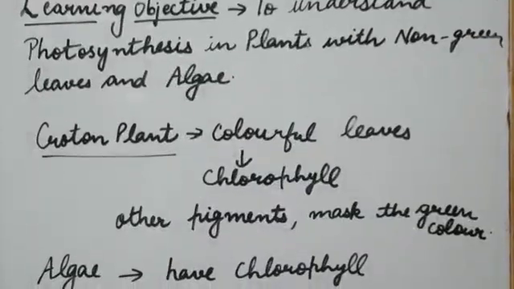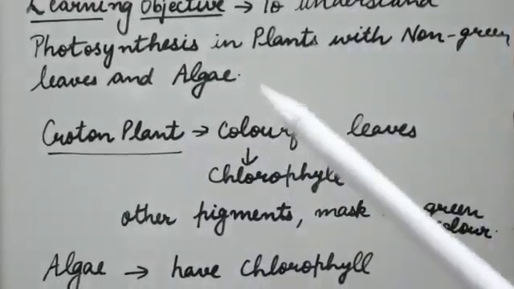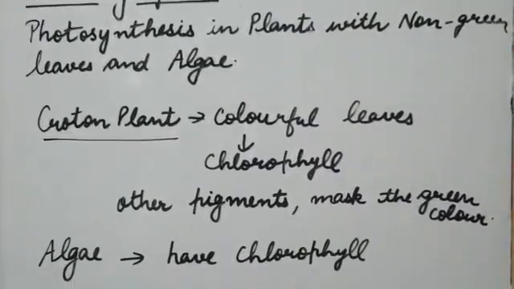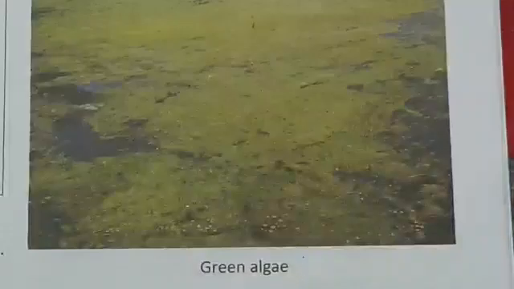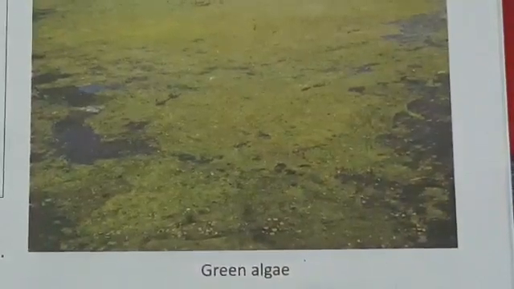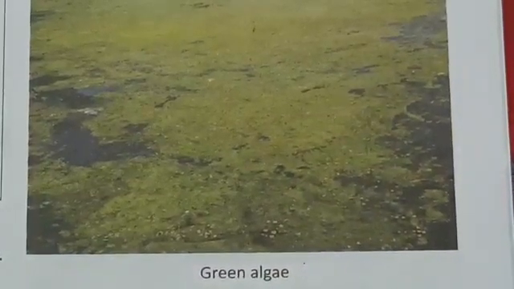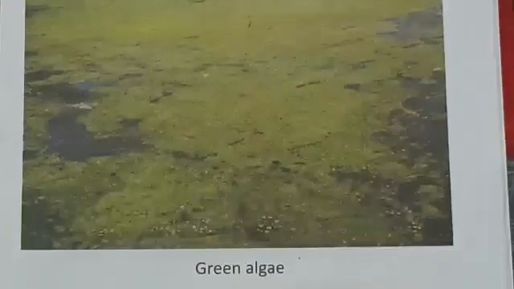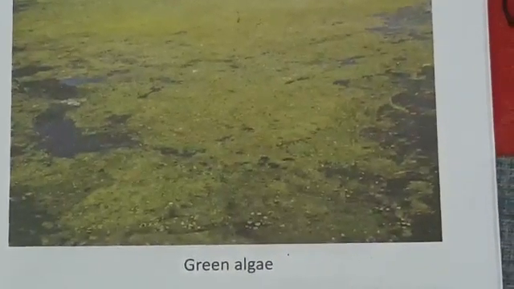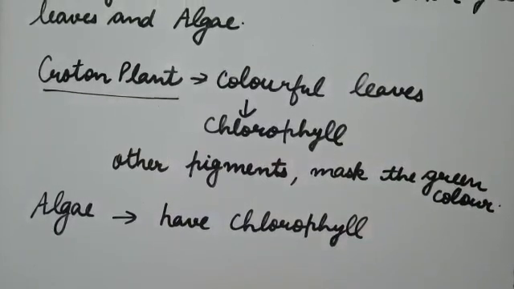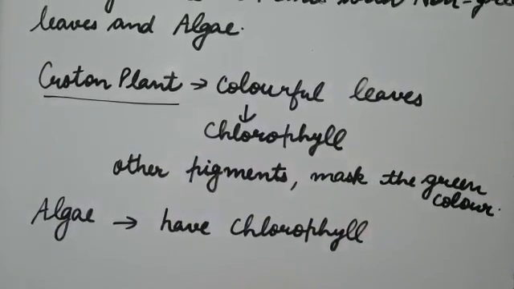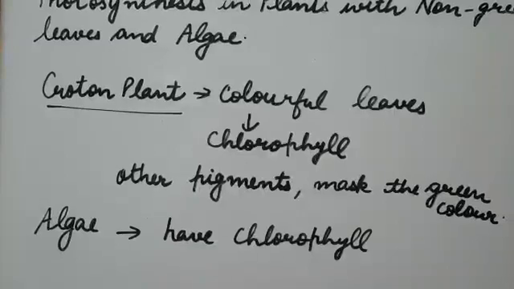Next, we move forward to algae. Algae, you must have seen many places around ponds. I'll show you here also. Around various water bodies, in ponds and lakes, you must have seen these green patches that we call green algae. These green patches which cover the ponds are due to the presence of organisms we call green algae.